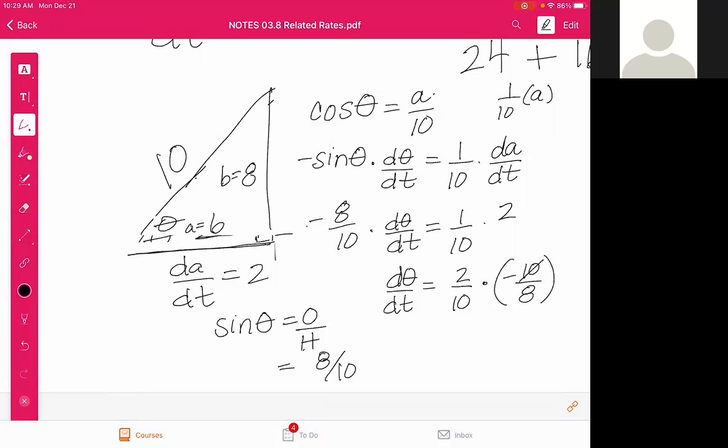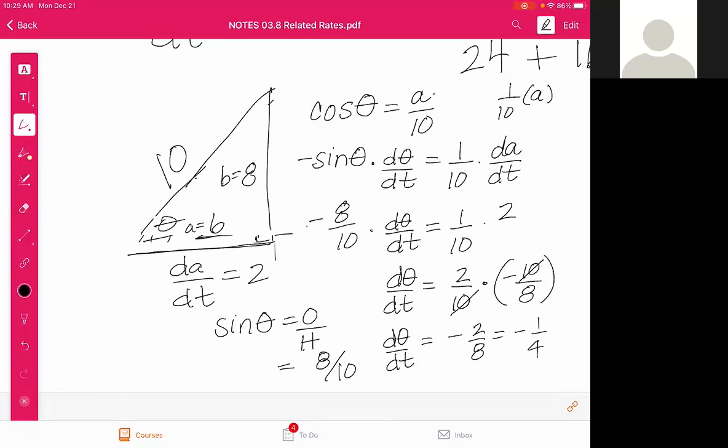And then these 10s will cancel, which is kind of nice. So this will be negative 2 over 8, which is negative 1/4. Now, the label on this one, we're talking about how fast the angle is changing. And this is something I want you to remember.